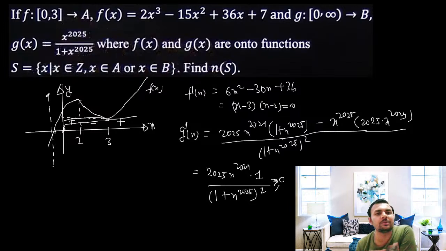So this will come out to infinity. At 1, and then minus infinity, like this. Okay, this is the curve.